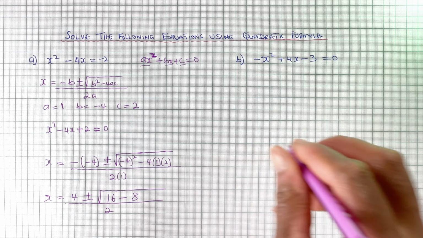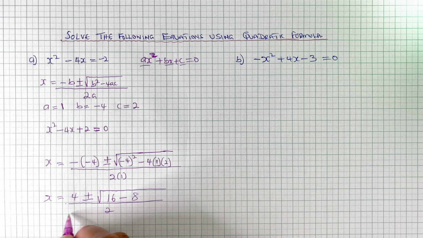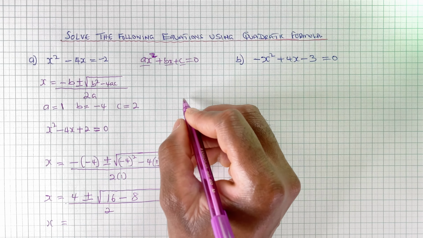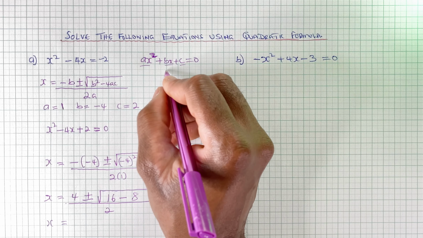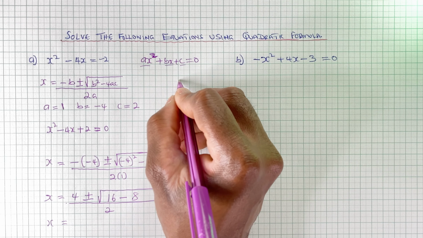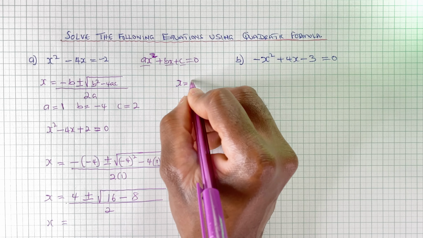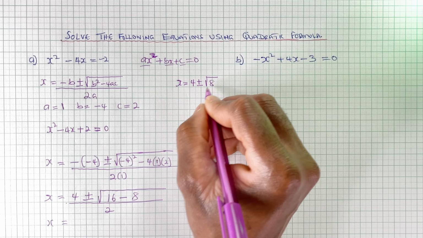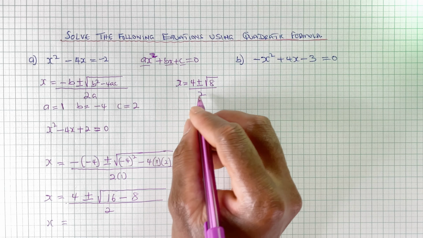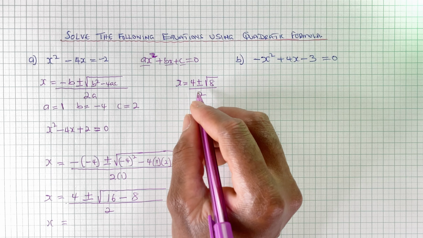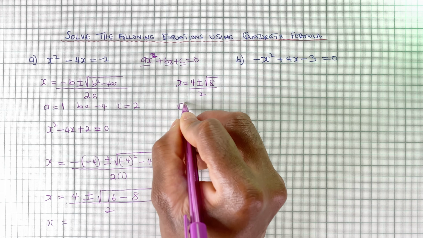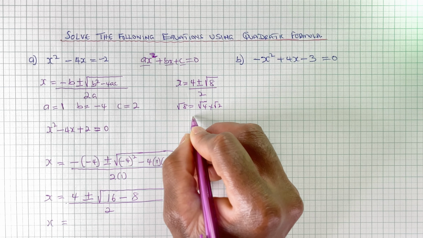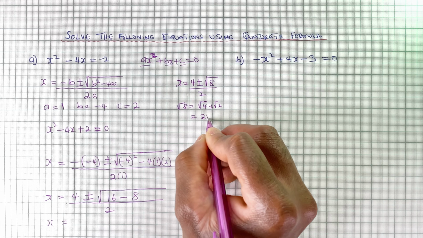Now that will give us x equals 4 plus or minus root of 8 over 2. Now root 8: the root of 8 is root of 4 times root of 2, and that is 2 root 2.